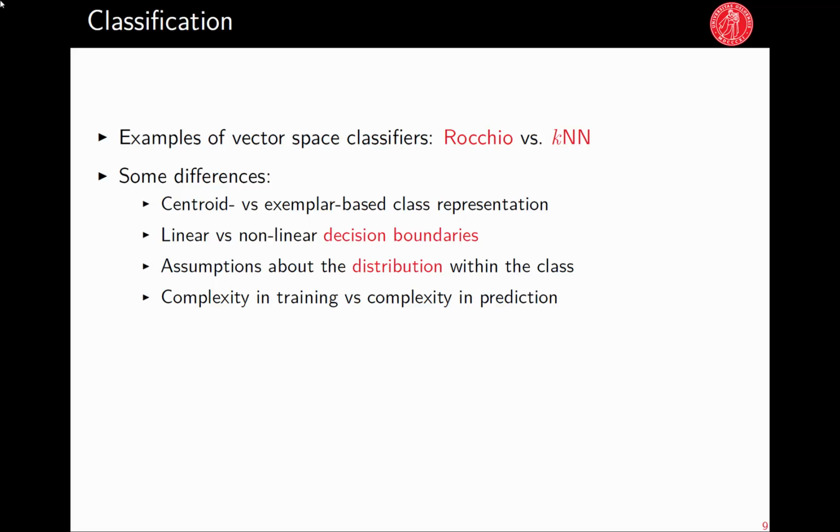And we spent quite some time talking about different assumptions that the different classifiers implicitly make about our data. So Rocchio, for example, can only deal with linearly separable classes, whereas KNN did not have that constraint.